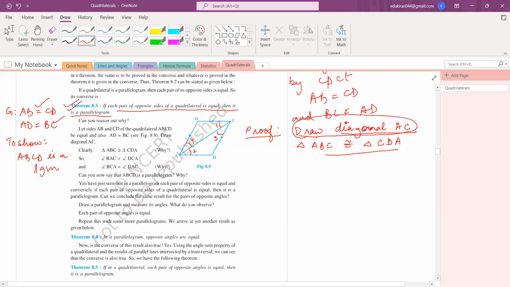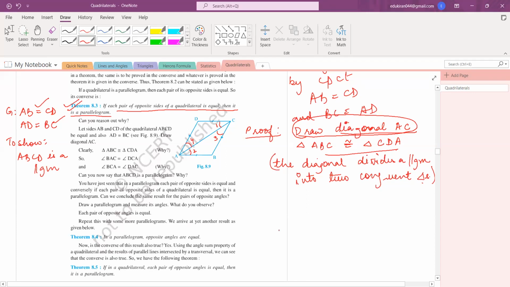I'm writing it so that I can use this theorem. So therefore, I'm using the theorem: the diagonal divides a parallelogram into two congruent triangles. Right?